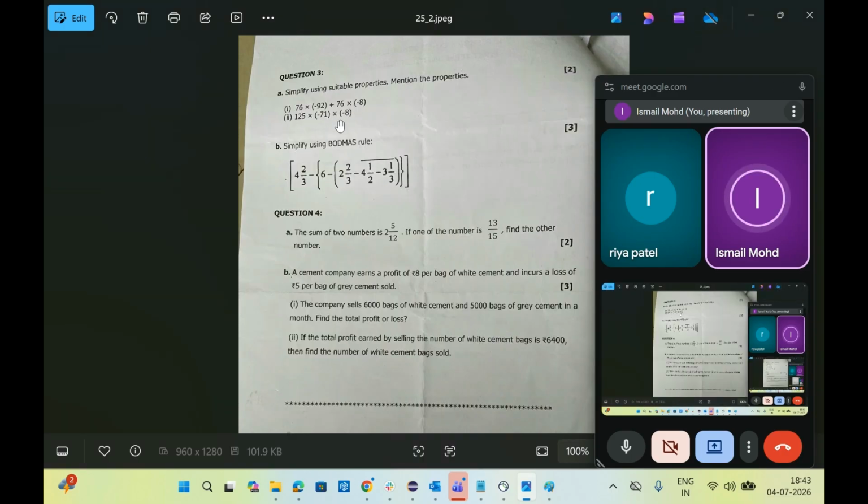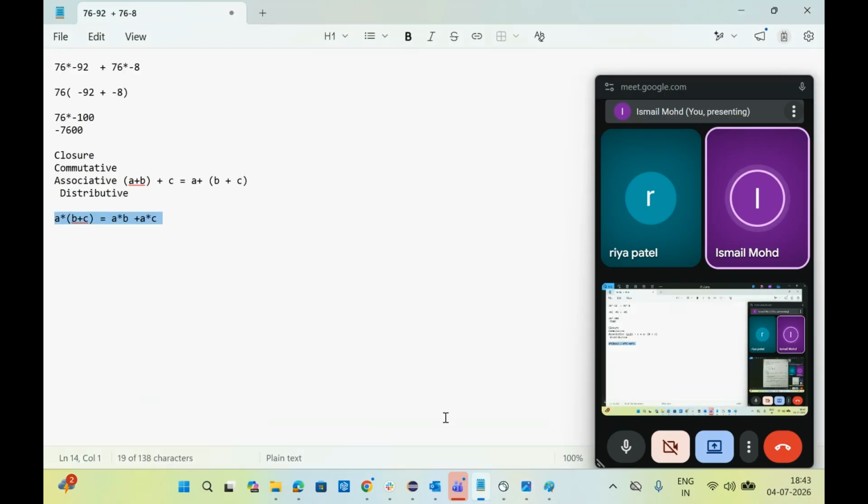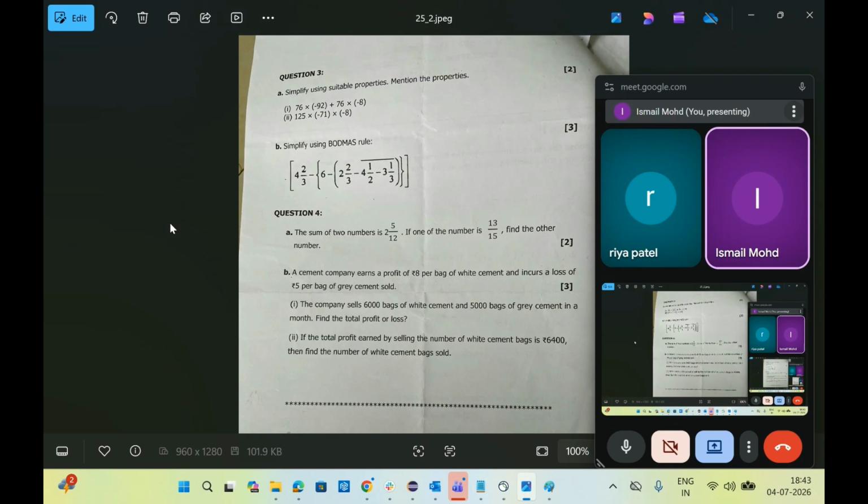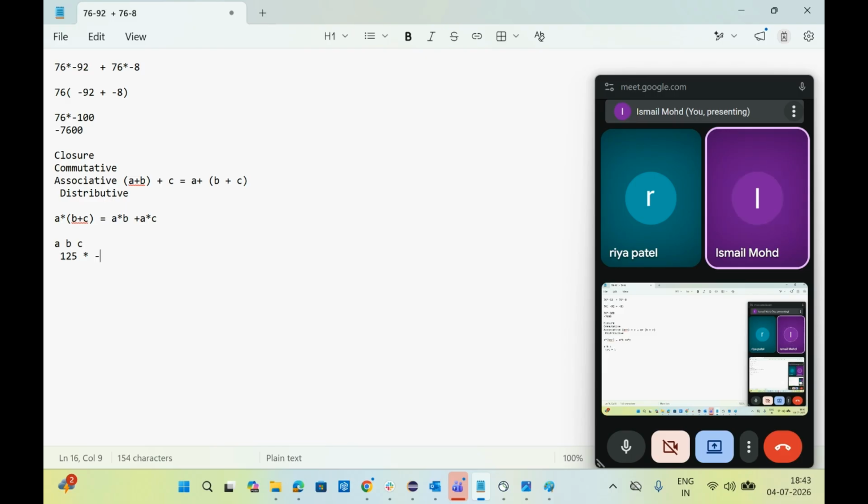Now the next one. For this one, what is the answer? 125 into minus 71 into minus 8. You have three numbers, a, b and c. What is a? 125. What is b? Minus 71. Then what is c?